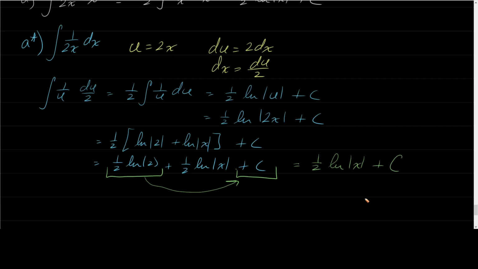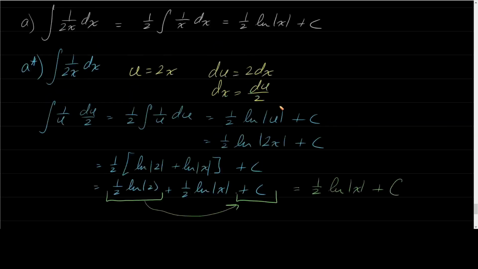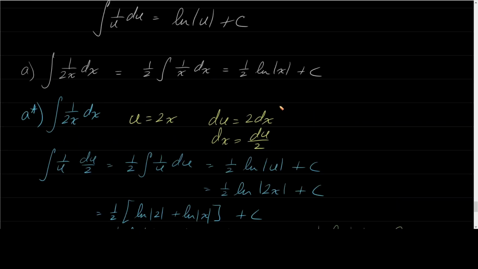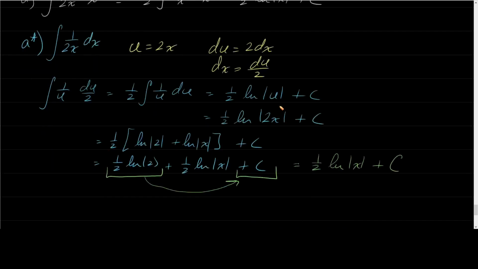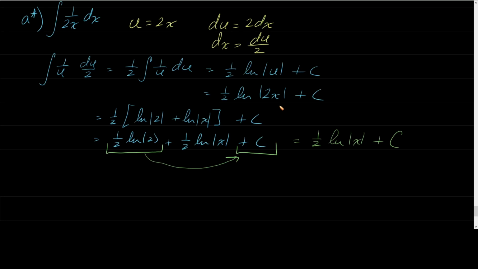Now, these are two different ways to do this problem. If you had done this second way, it would have been fine to stop here. I would give you full credit, even though it looks different than this answer up here. But that is something you want to keep in mind: your answers may not necessarily be the same as written in the textbook.